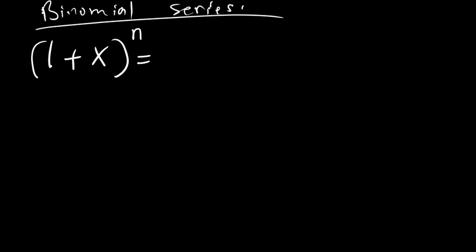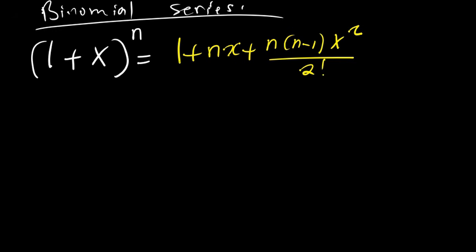So the formula goes like this: 1 plus nx plus n(n minus 1)x to the power 2 divided by 2 factorial plus n(n minus 1)(n minus 2)x to the power 3 divided by 3 factorial.